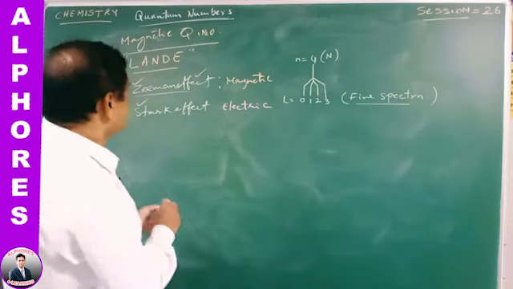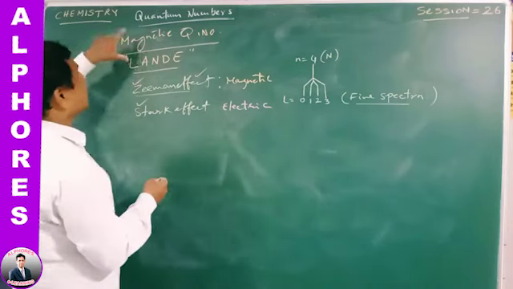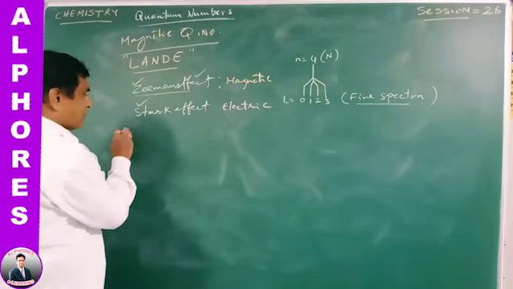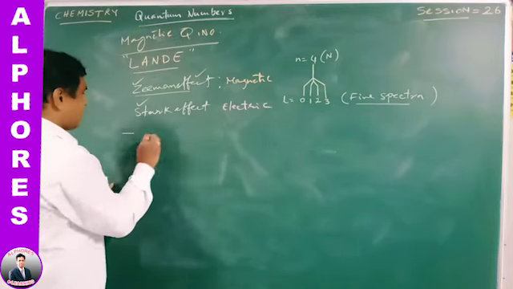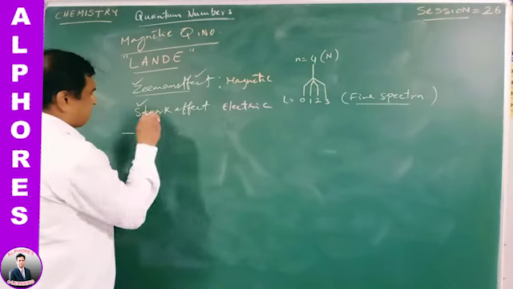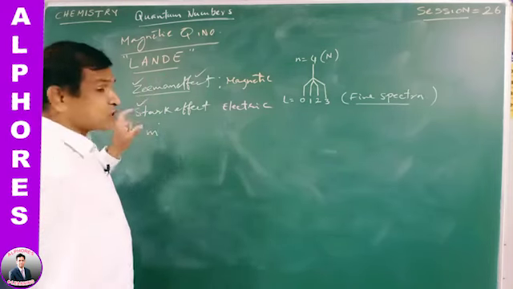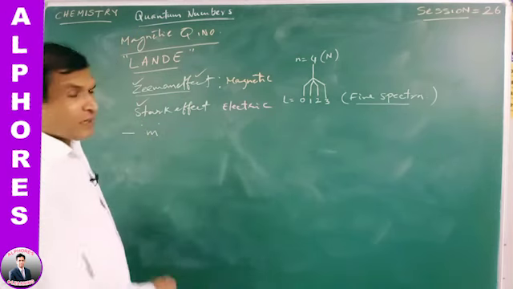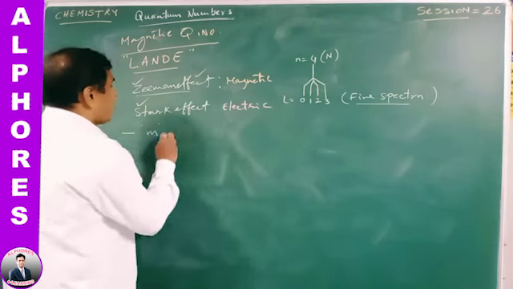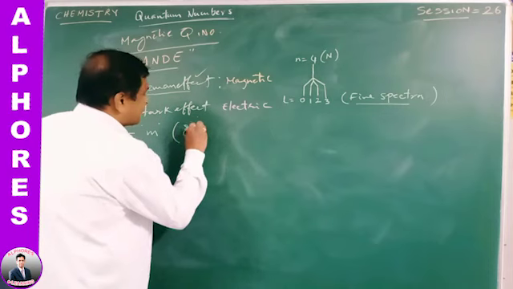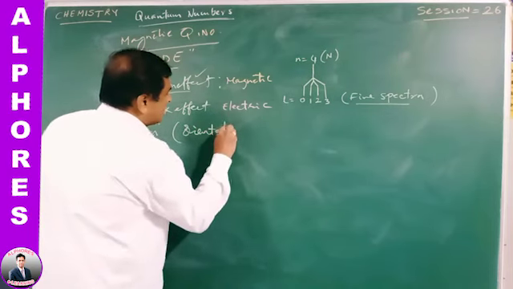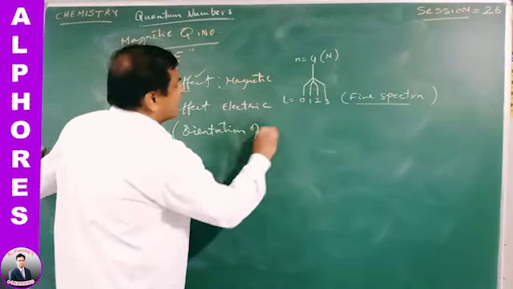Very good. So the magnetic quantum number is given by the symbol small m. This m represents the orientation of a suborbit.